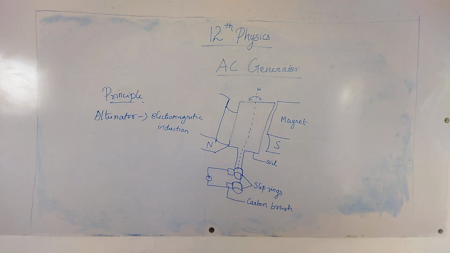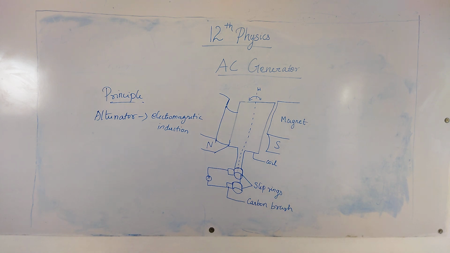The first method is used for small AC generators, while the second method is employed for large generators. The rotating field method is the one mostly used in power stations, because power stations produce a large amount of current, so they use the rotating field method.